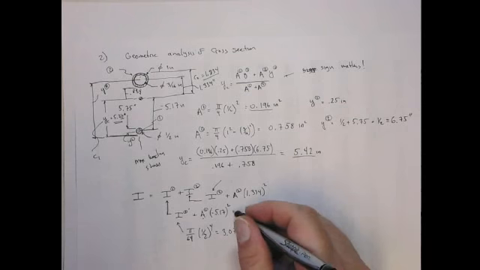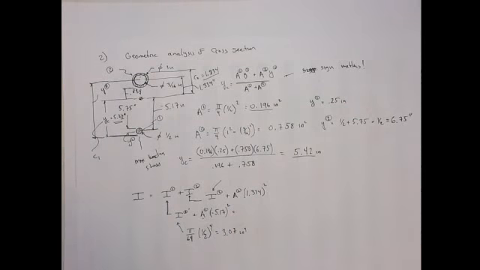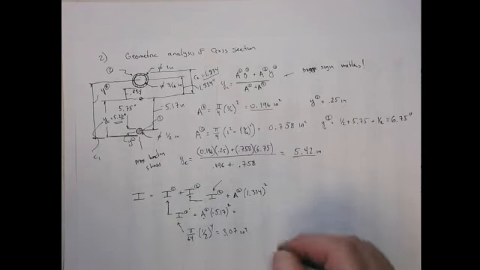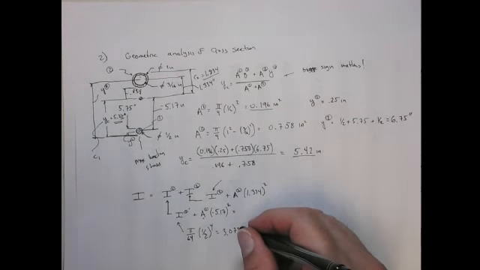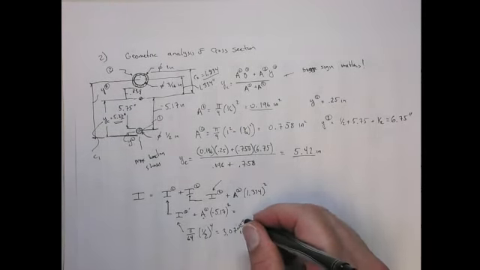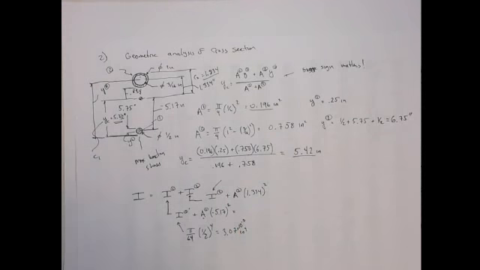I'm sorry, I got this wrong. This is 10 to the minus third. Okay, I left the minus third off of there. That's going to be important, obviously.